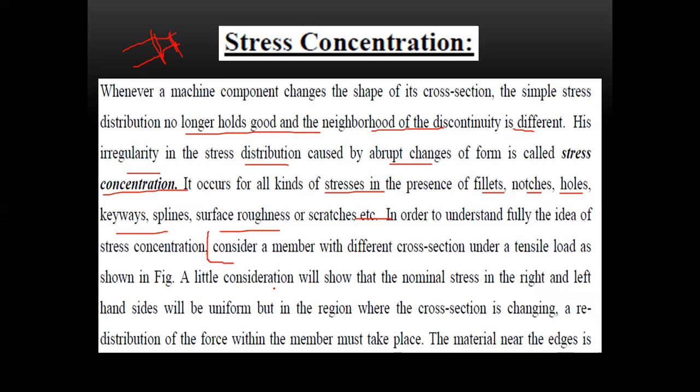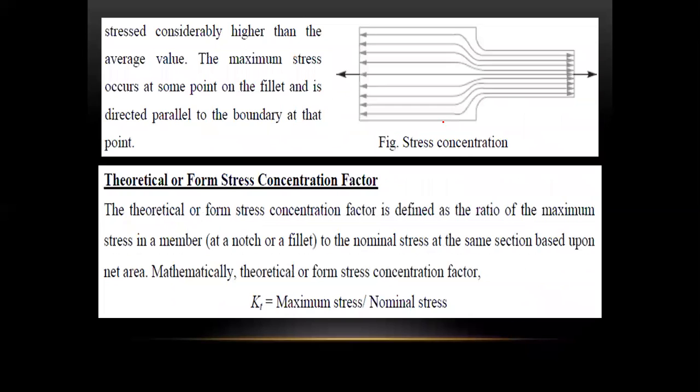A little consideration will show that the nominal stress on the right and left hand sides will be uniform, but in the region where the cross section is changing, a redistribution of the force within the member must take place. Material near the edges is stressed considerably higher than the average value.